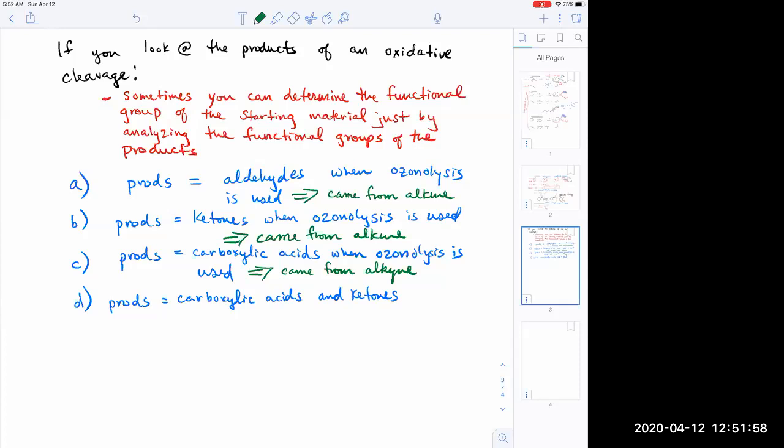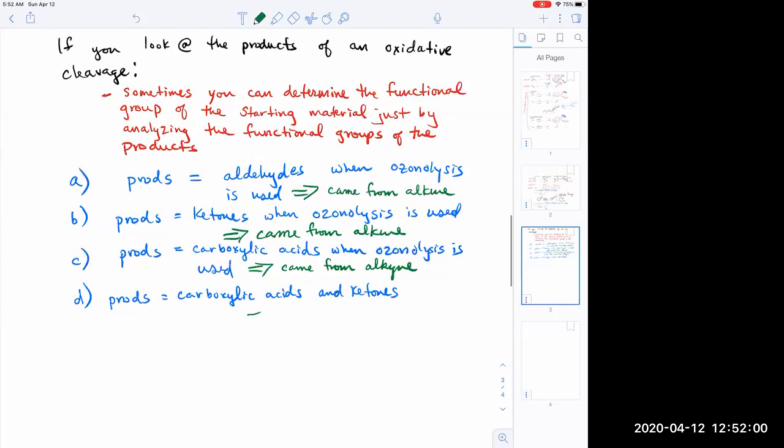So seeing a carboxylic acid and a ketone, wherever you see the ketone, it must have come from an alkene.